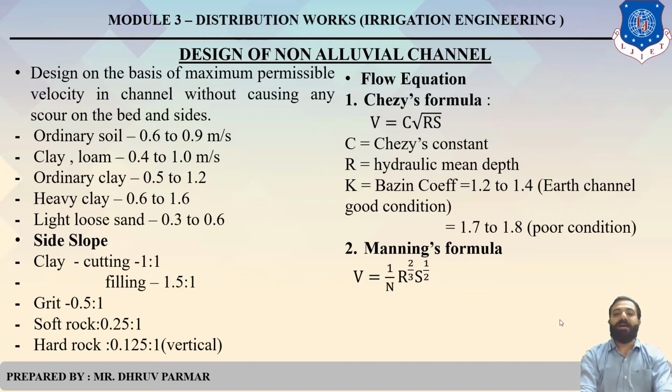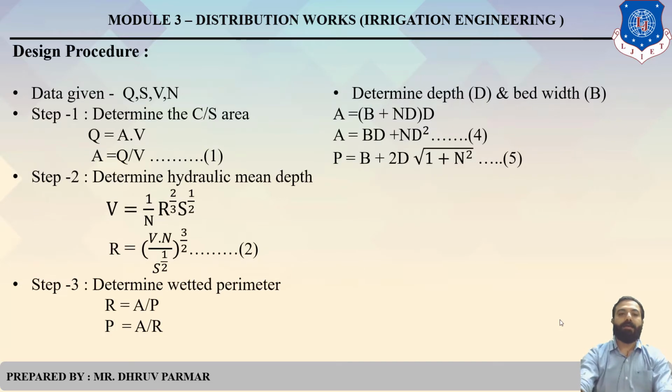In Chezy's, C equals Chezy's constant, and R equals hydraulic mean depth, meaning A divided by P, where A is the area of the channel and P is the wetted perimeter. These are the basic criteria. In Manning's formula, N means Manning's constant, and R is the same hydraulic mean depth. So this is the design process.